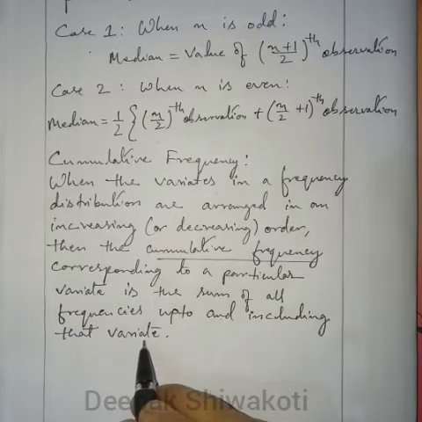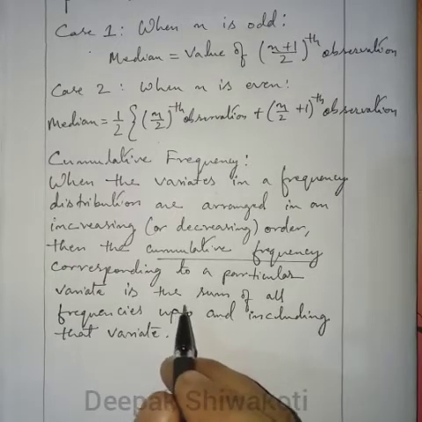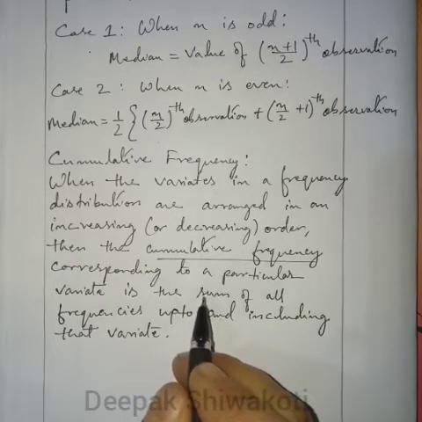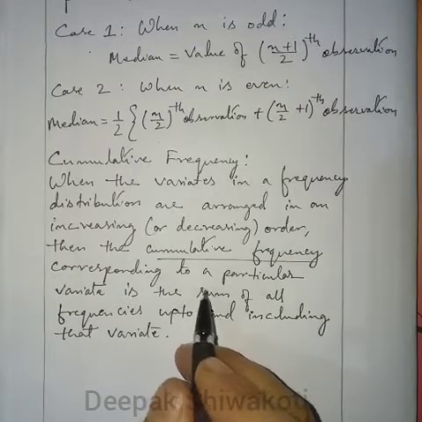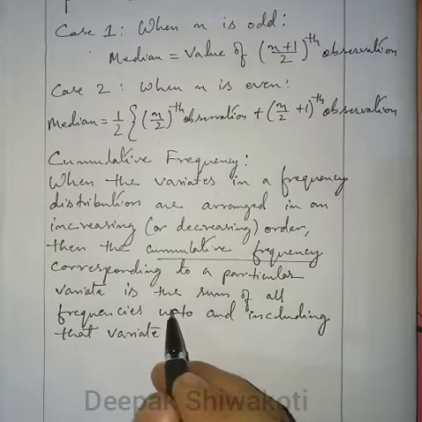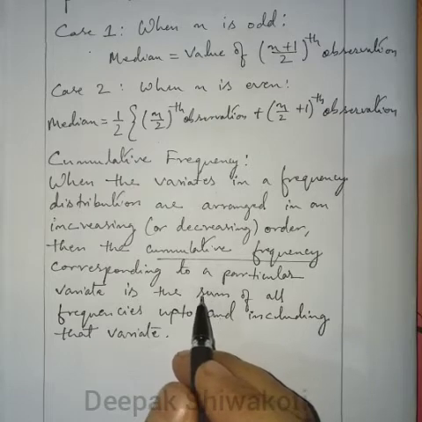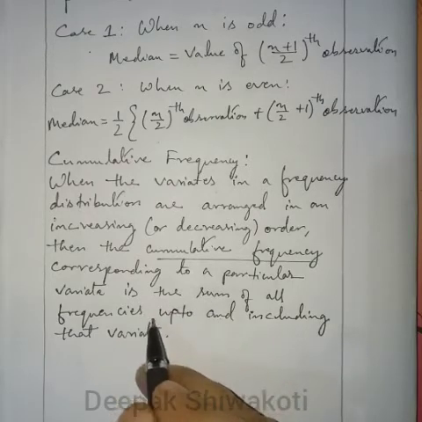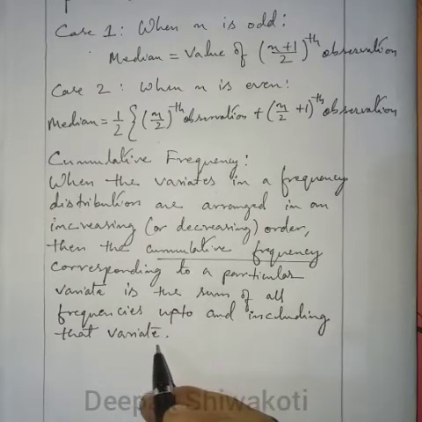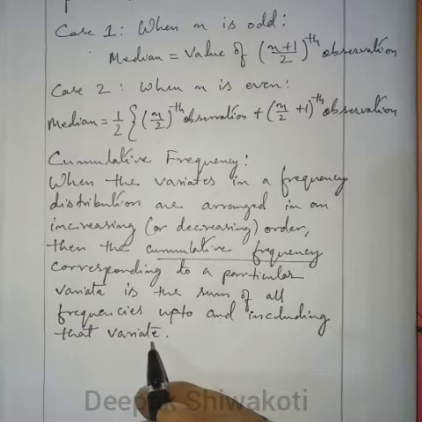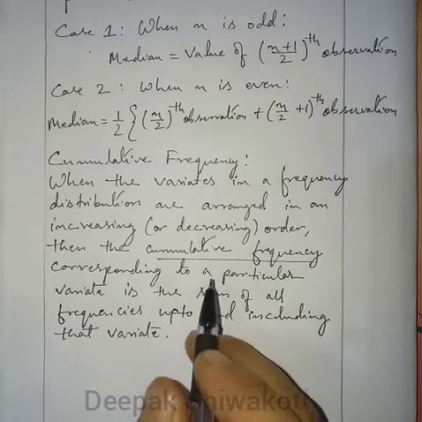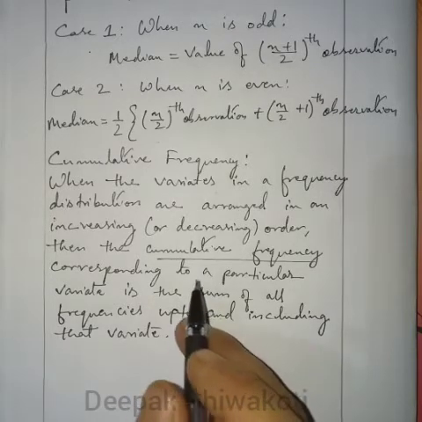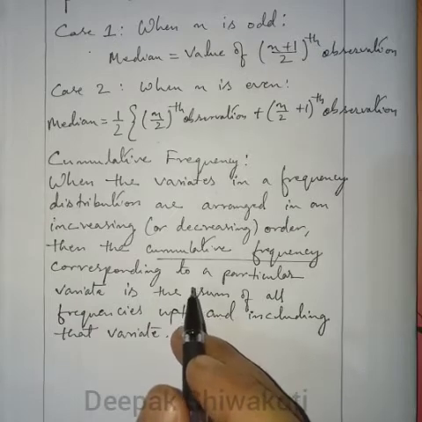So cumulative frequency is a sum of the frequencies up to and including that particular variable. We will try to understand cumulative frequency more properly in the problems.